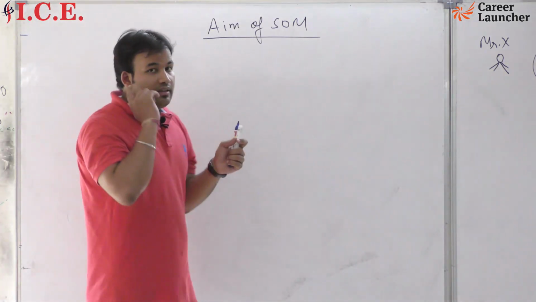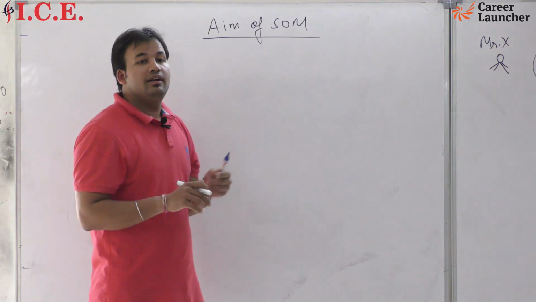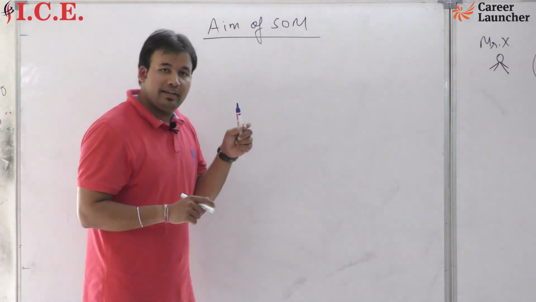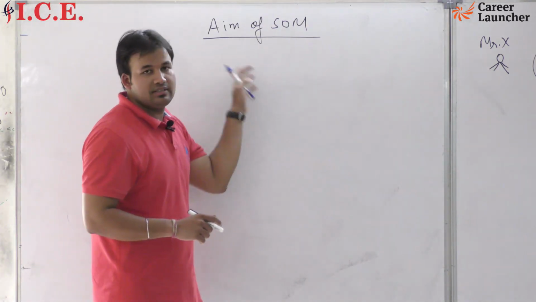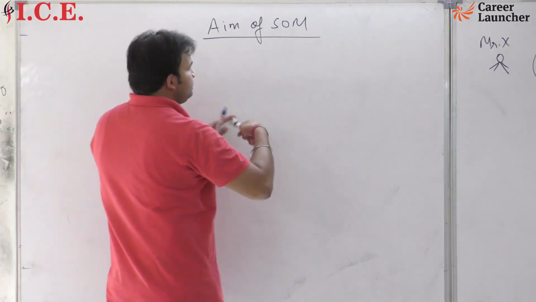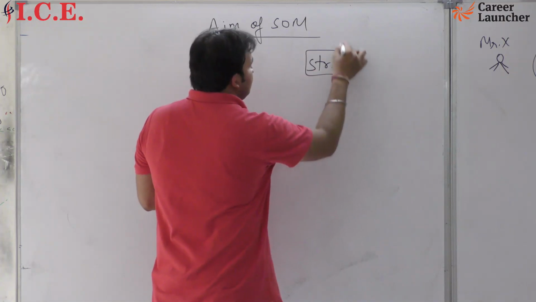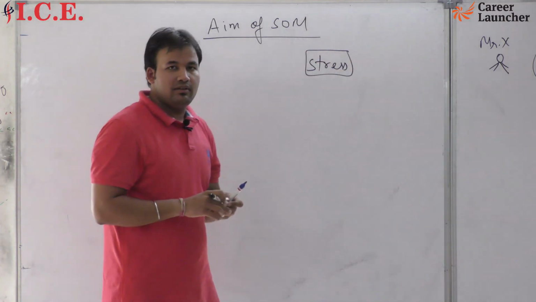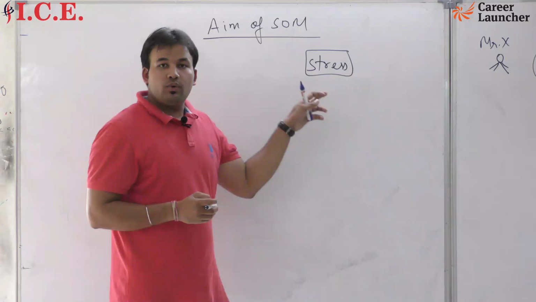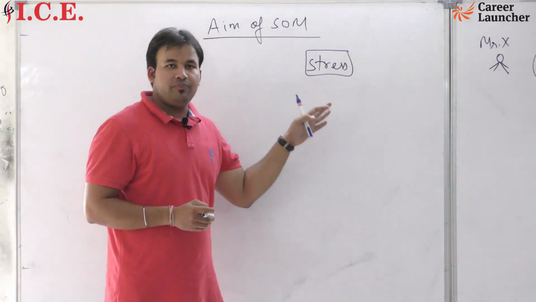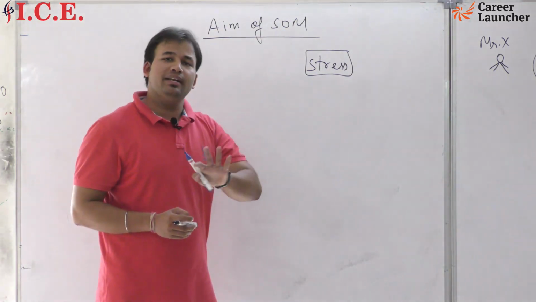So here stress is very, very important. Stress is a very, very important topic for all these things. Okay? So as we discussed, the main aim of SOM is to find or to calculate the value of stress or strain or relationship between both.